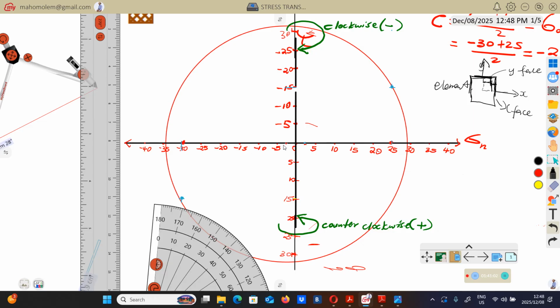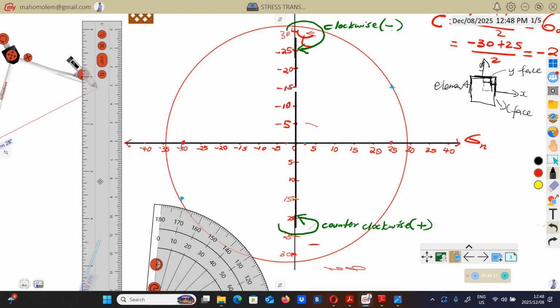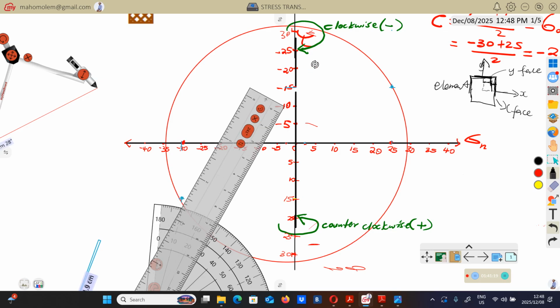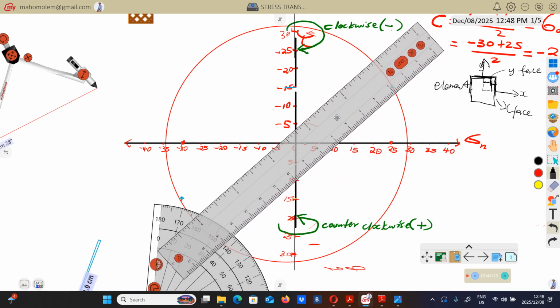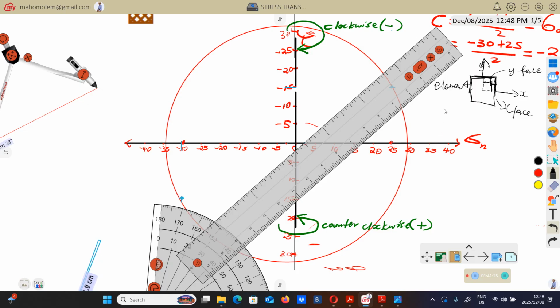And from here to there, to negative 30. Remember, negative 30 is the normal stress on the X face. So maybe in the next step, let's join these dots.